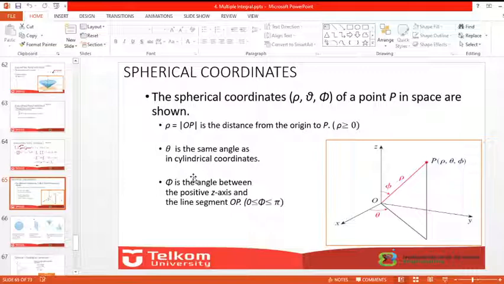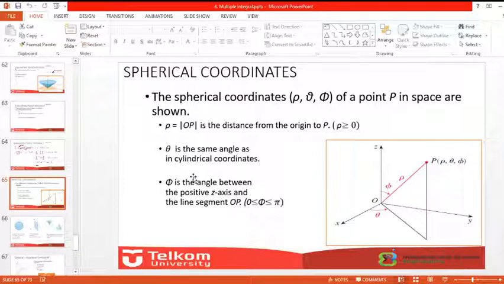This is regarding the cylindrical coordinate. How about the spherical coordinate? In the spherical coordinate, not only x and y change to polar coordinates, but all of the coordinates should be changed.